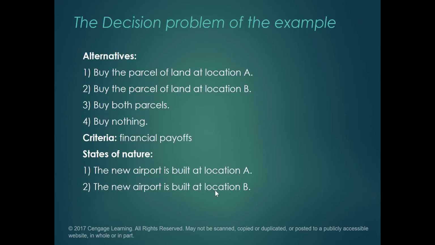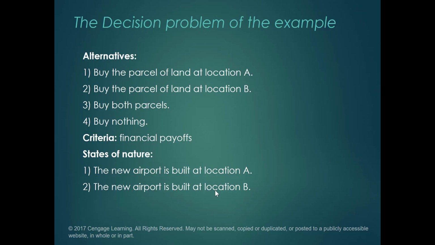In this decision, we have alternatives for the hotel chain. They can either buy the land in location A, or buy land at location B, or buy at both locations. The last option is buying nothing, so they stick to the status quo and do nothing.